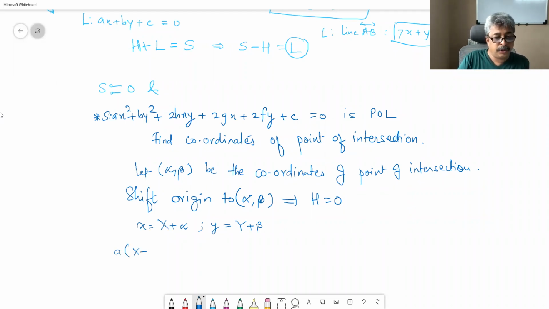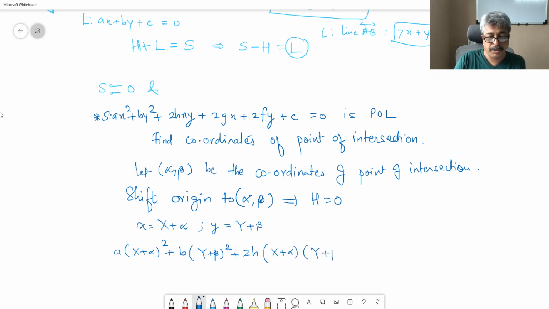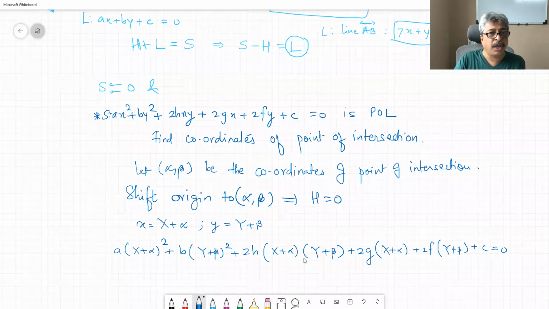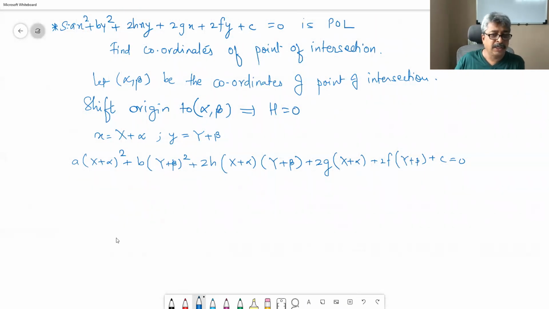a into (X plus alpha) whole square plus b into (Y plus beta) whole square plus 2h into (X plus alpha) into (Y plus beta) plus 2g into (X plus alpha) plus 2f into (Y plus beta) plus c is equal to 0. Now we need not worry about the homogeneous part because it is going to be exactly the same as earlier.